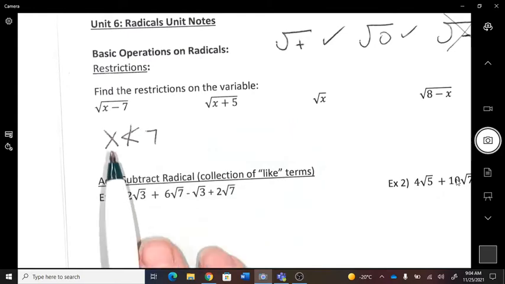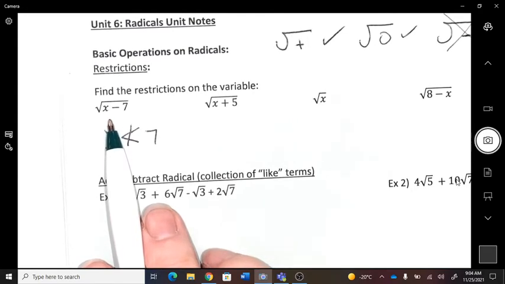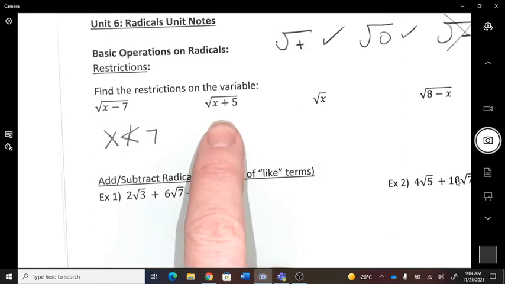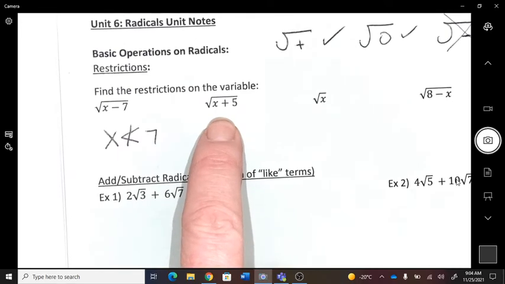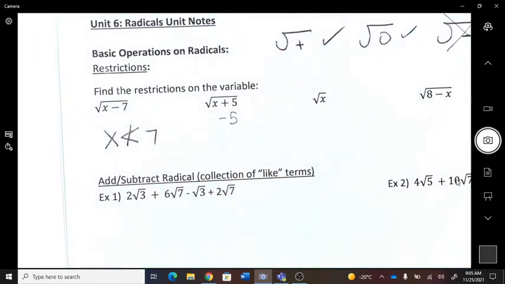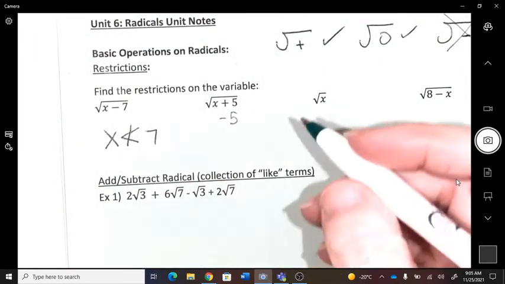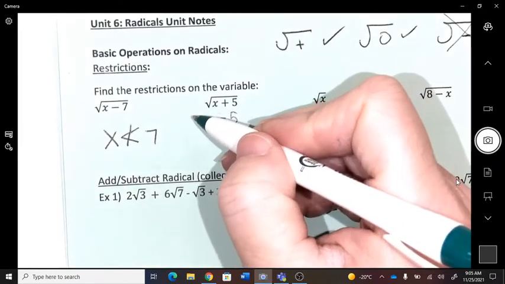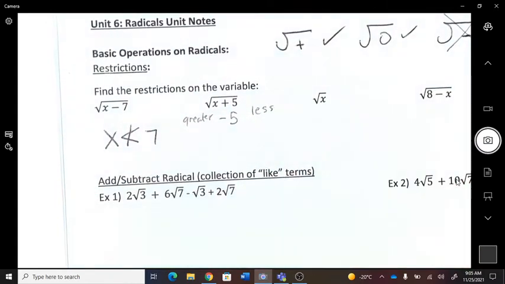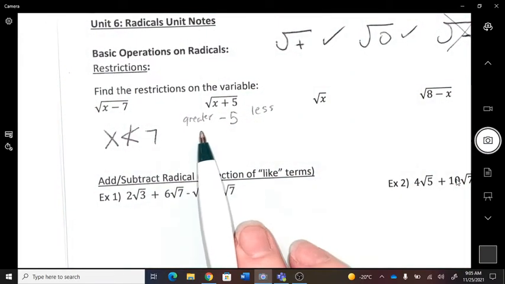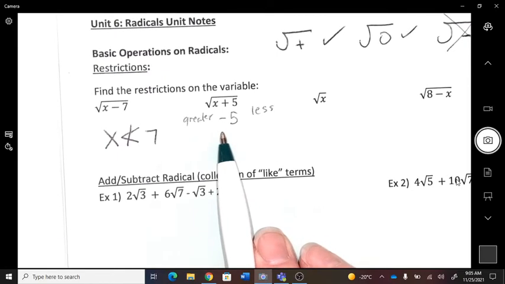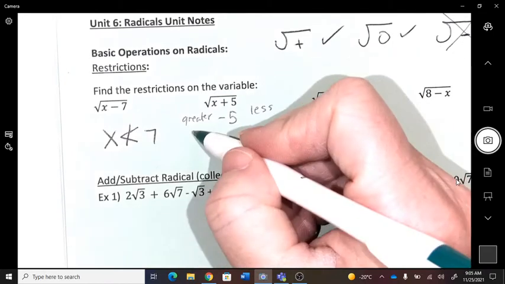Okay, so you need to think about what makes it 0, and then think about the one side of it and the other side of it. Okay, so what makes this 0? Negative 5, right? So we're going to go bigger, and we're going to go less and think, okay, which side works? So if you're greater than negative 5, think about a number that's greater than negative 5. 10.